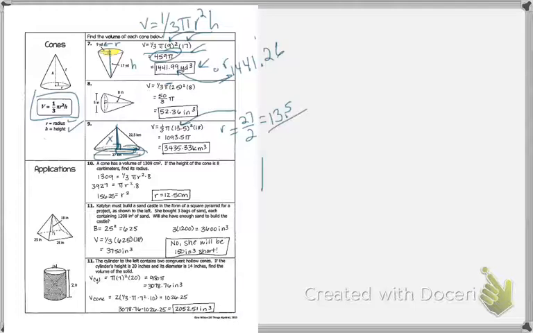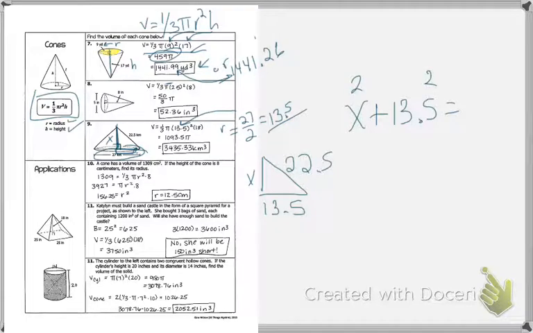So if I draw that triangle, 13.5, this is the piece I need, this is 22.5. This becomes the Pythagorean theorem all over again. X squared plus 13.5 squared equals 22.5 squared.